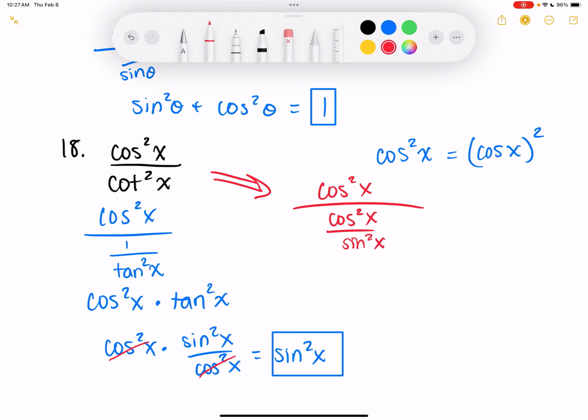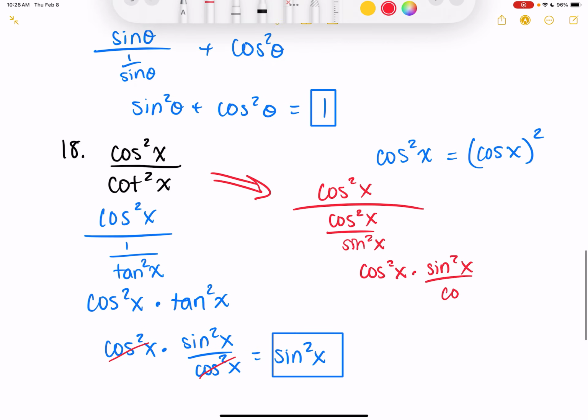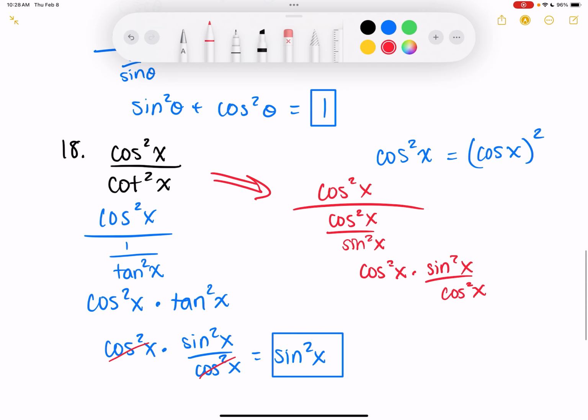Then I keep change flip here. Cosine squared of x times sine squared of x over cosine squared of x. Cosines cancel, leaves you with sine squared. So you're going to get the same thing either way, but this method is probably a little bit faster. Just kind of saves a step.